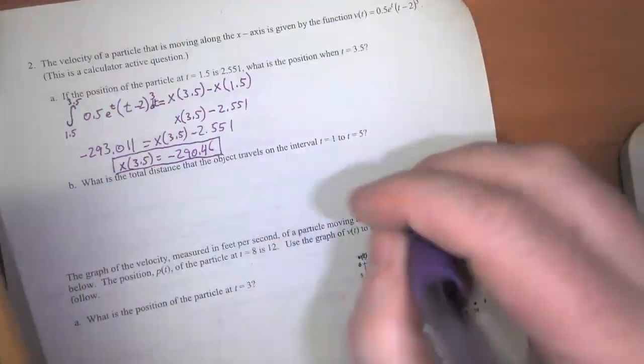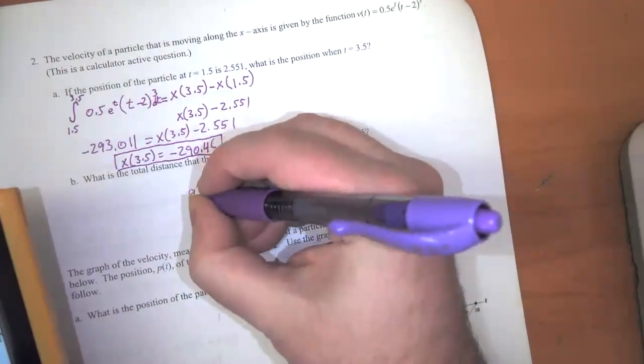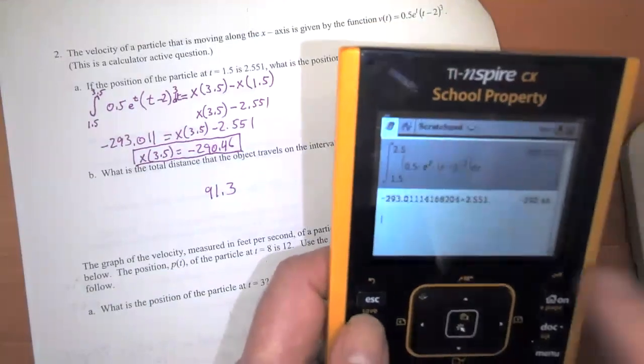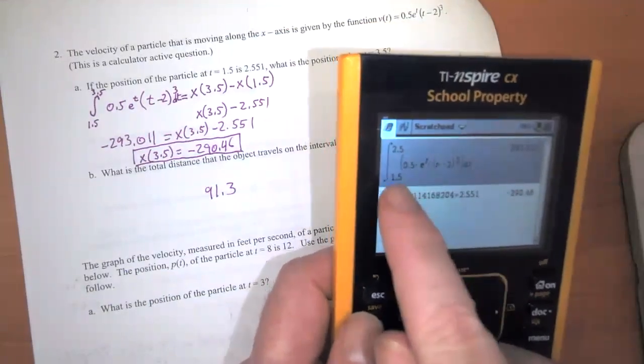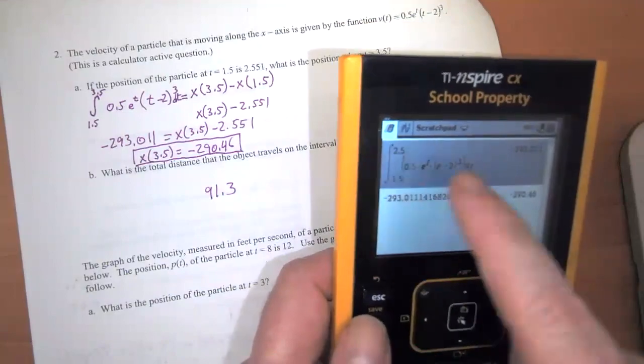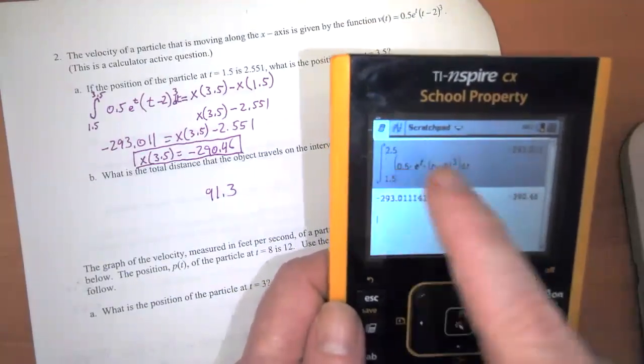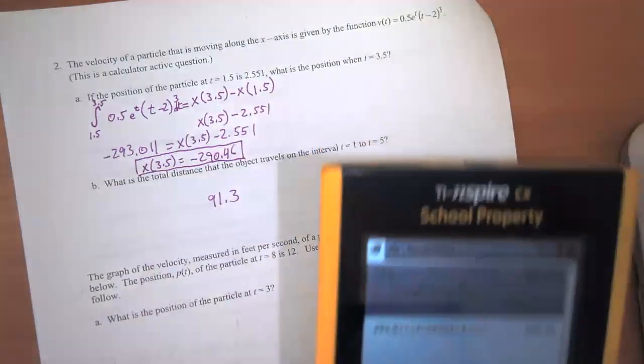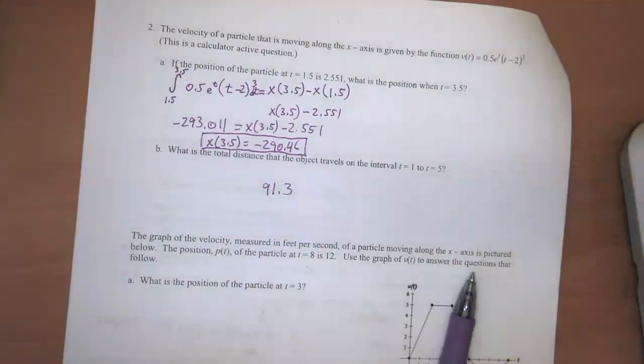All right, and so that gives me an area of 91.3. Okay, again, I could have calculated that on this page, but I would have wanted to be careful to throw absolute value symbols around this thing just to be sure, because they were talking about the total distance. Okay, so that gives you an idea of how we can solve these problems when we've got a more complicated function, but we're allowed to use the graphing calculator in order to solve it for us.